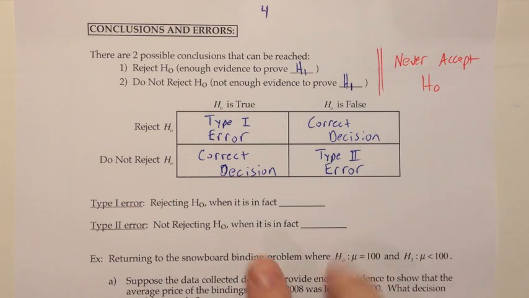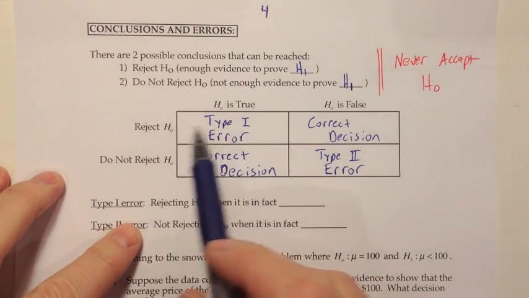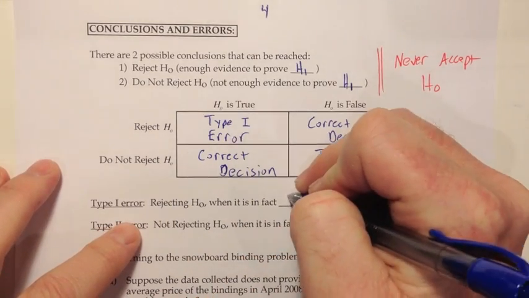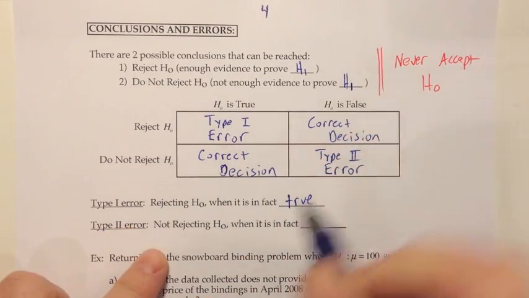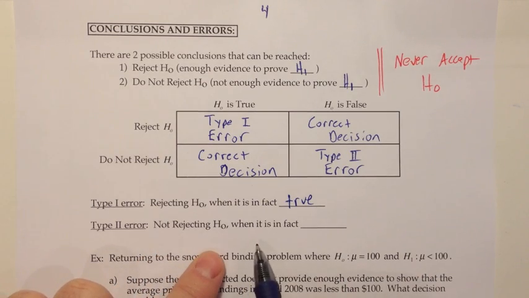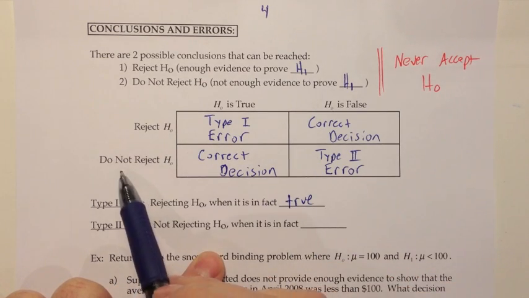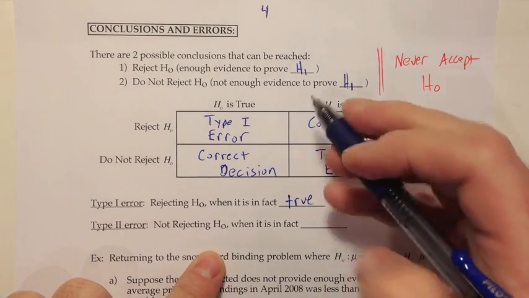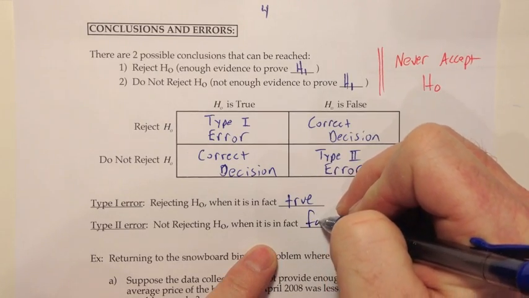We don't want to make either type. We want to make correct decisions, but we want to distinguish between the two types of errors that can happen. So a type 1 error is rejecting H0 when it was in fact true. And a type 2 error is not rejecting H0 when it is in fact false. So that's a type 2 error.